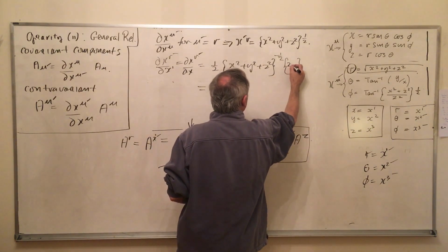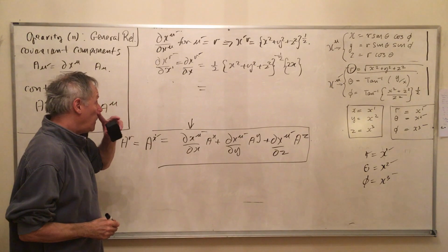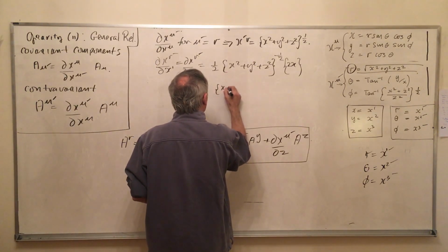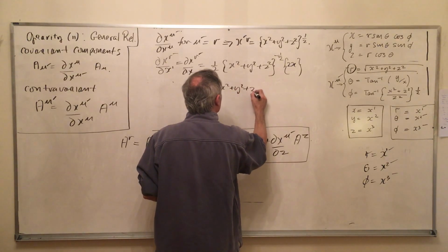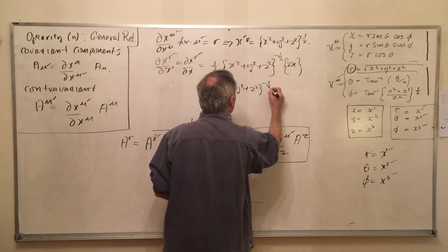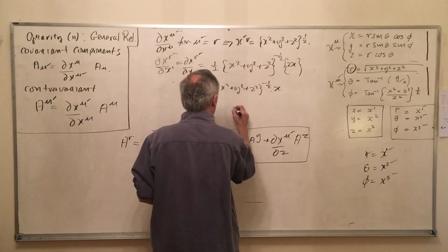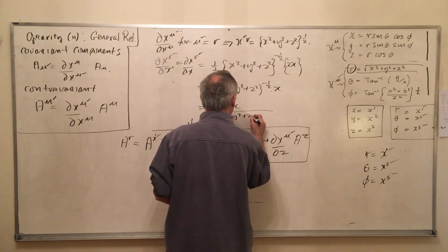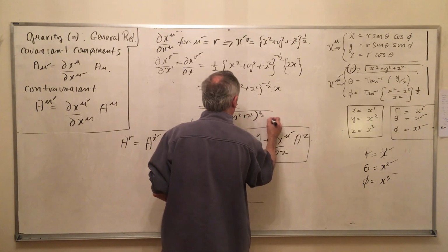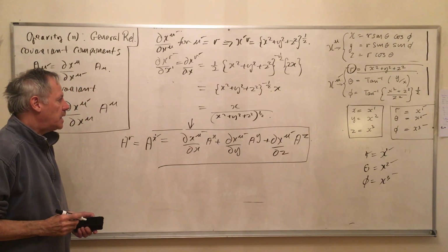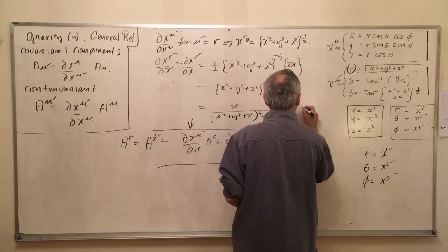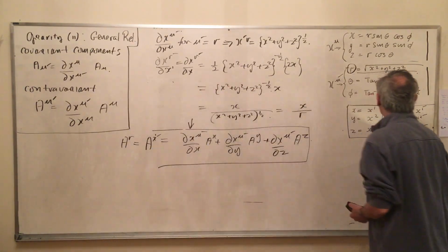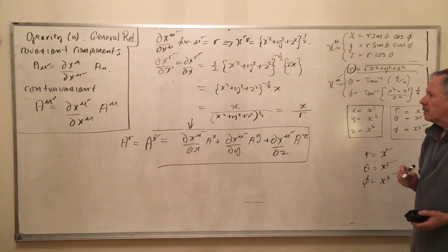Now times 2x. du by dx, the derivative of x squared by dx, is just 2x. Squared plus y squared plus z squared is simply r, so we get x over r.